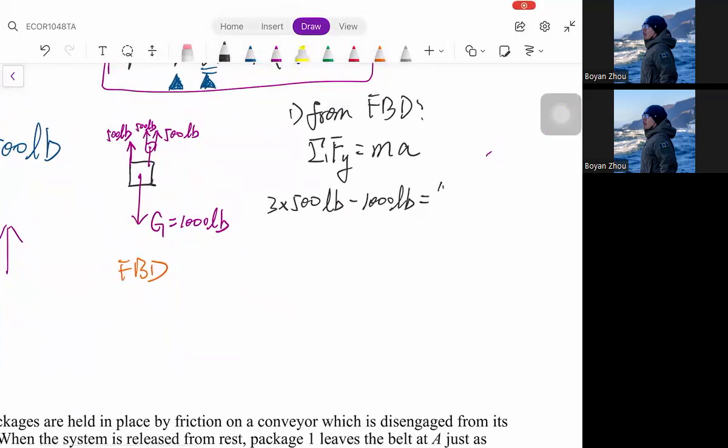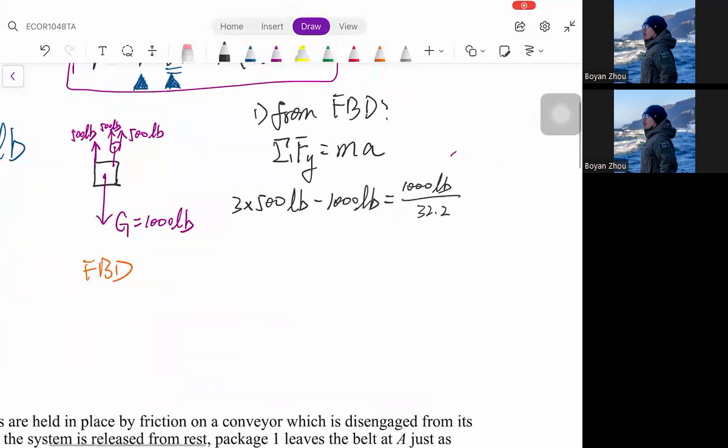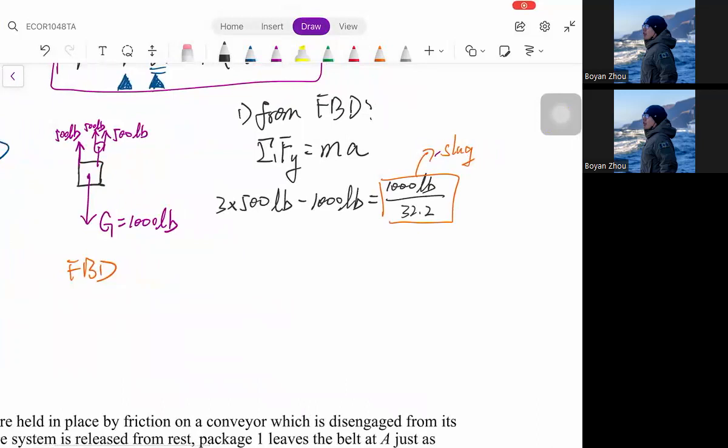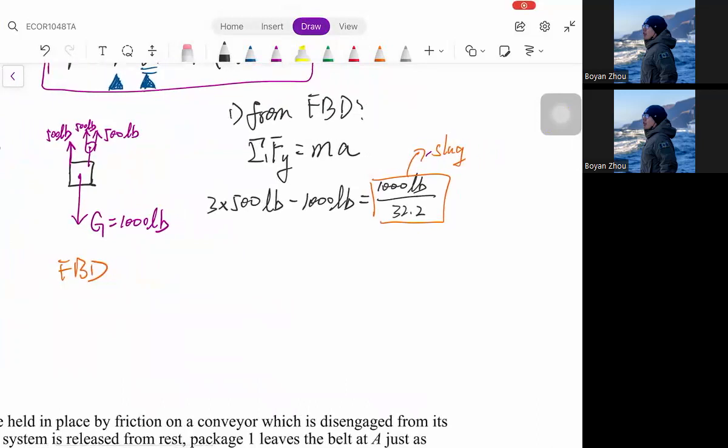The mass is 1,000 pounds over 32.2. Remember, this gives us slugs, the mass unit we need to use when dealing with empirical units, times the acceleration. From this equation we can easily find the acceleration, and the result is 16.1 feet per second squared.